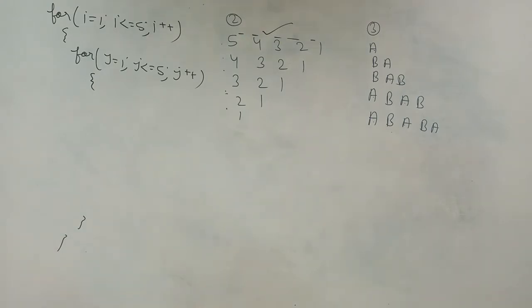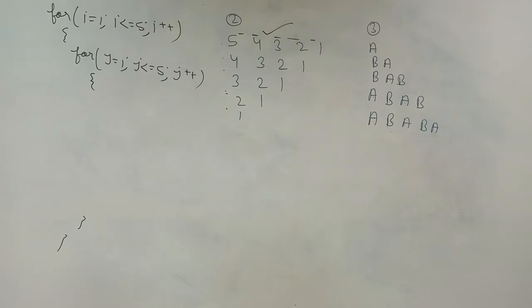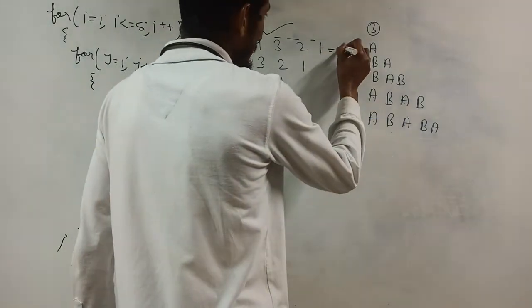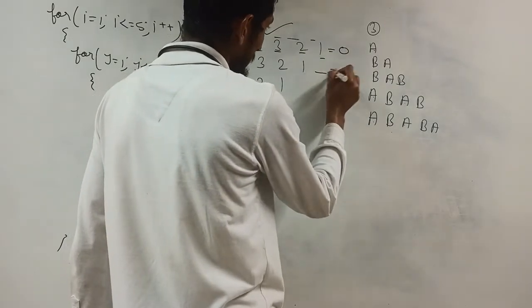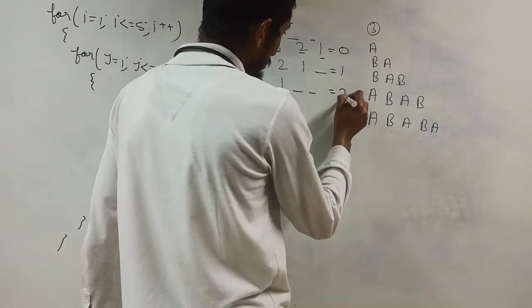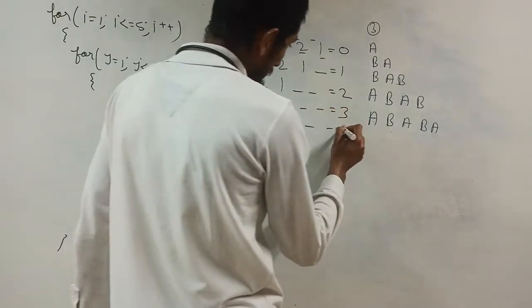So how many spaces and how much content do I have to print? Let me check that. In the first row, 0 spaces, all content. Then 1 space. Then 2 spaces. Then 3 spaces. Then 4 spaces.